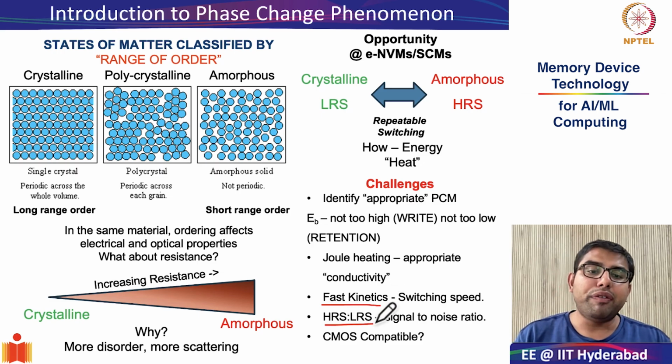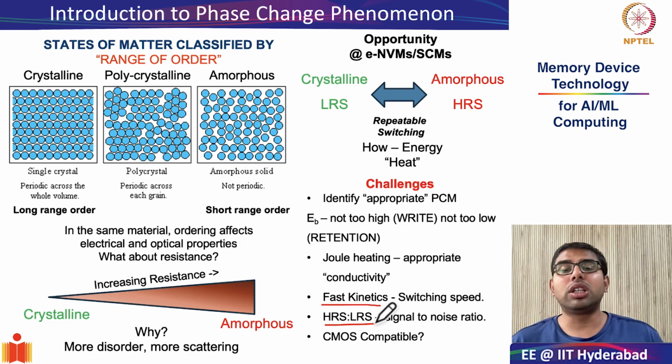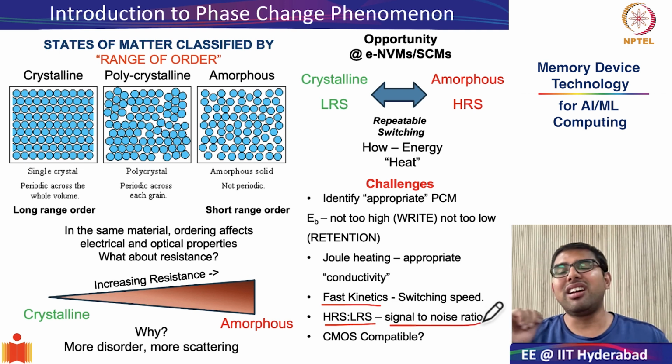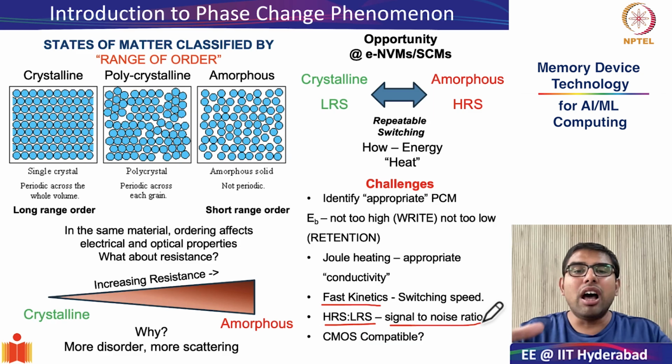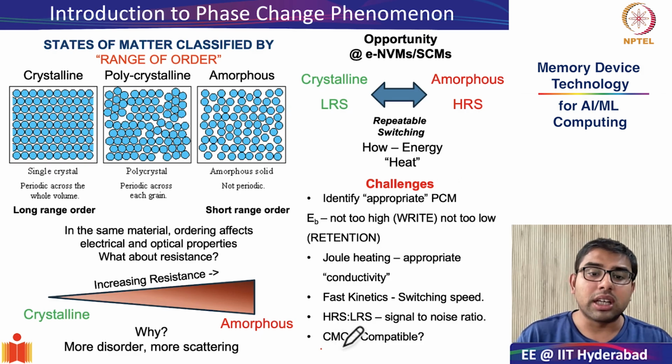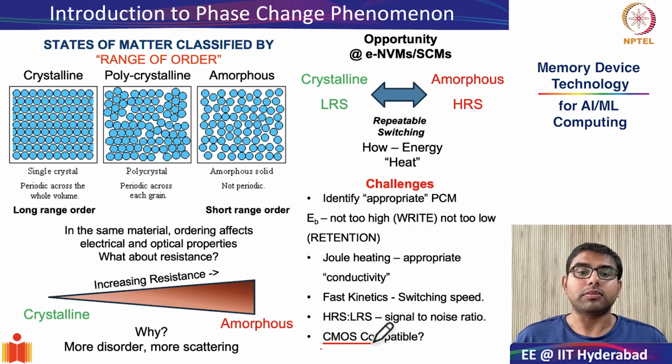Also, the difference in the resistance between the crystalline and amorphous phase, or the ratio between the high and low resistance state, should be at least a few orders of magnitude to make sure that your external readout circuitry has enough margin and enough signal to noise ratio. Finally, it is also desirable that the materials that are designed for PCMs are CMOS compatible. Why? Because ultimately they have to be integrated in your CMOS line of processing.